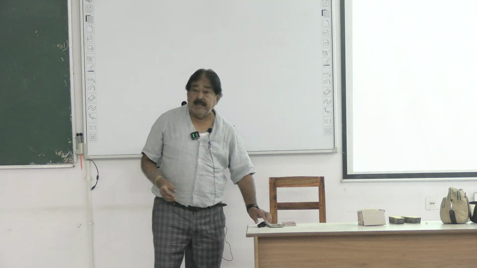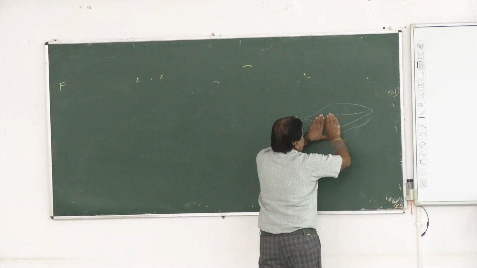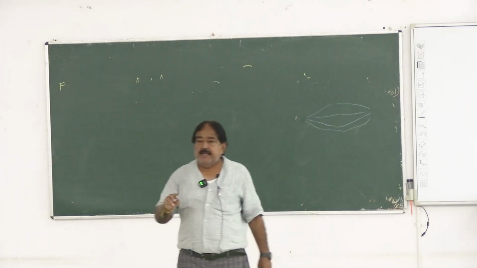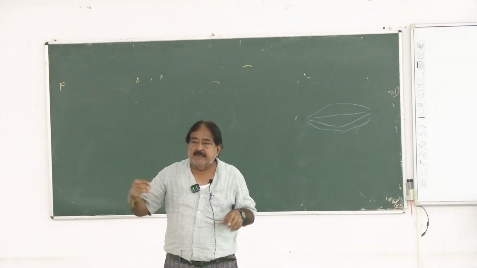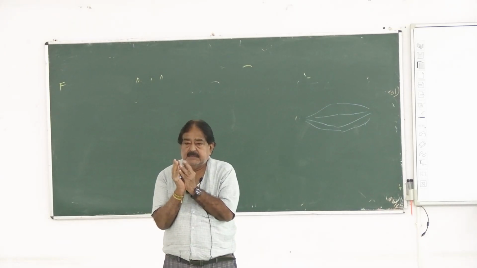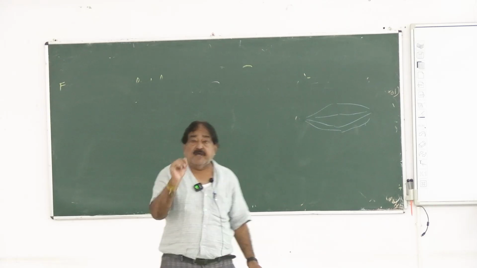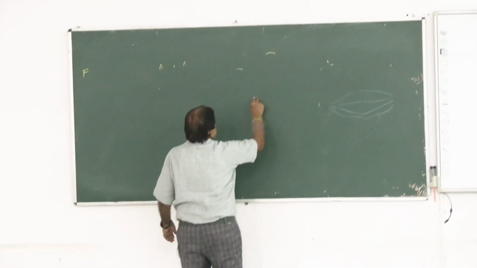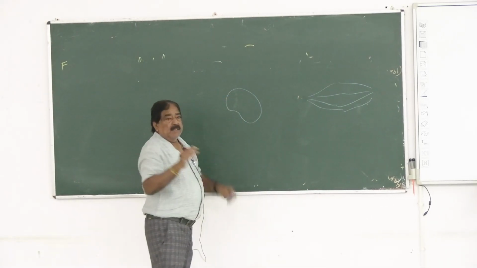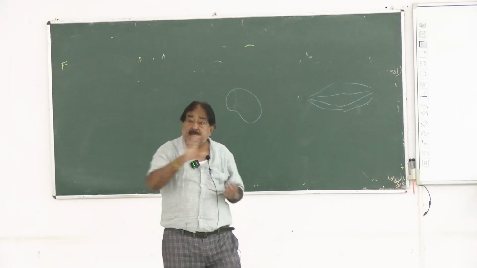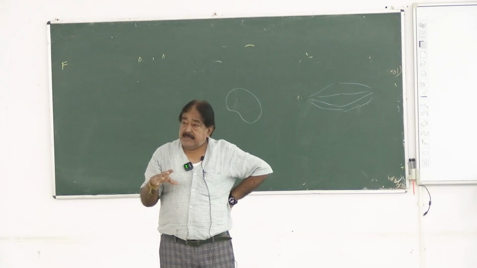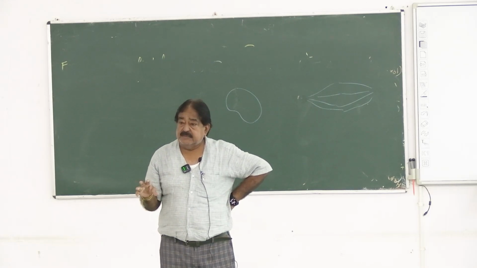Because once you press like this, it flattens. Slowly you release one side, slowly it will be filled on the other side. You leave it, it will come again like this. But if it is a fibroma, if you press, it is hard, as compared to the hemangioma, or arteriovenous malformations.